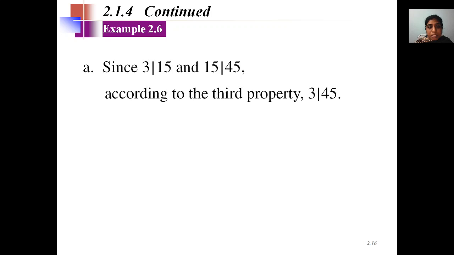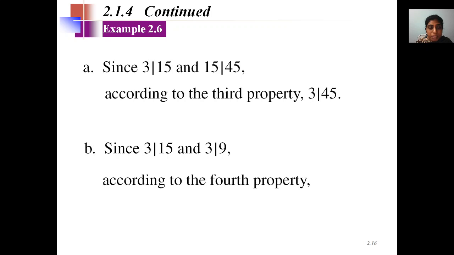So here an example is given. According to the third property, if 15 is divisible by 3 and 45 is divisible by 15, then automatically 45 is divisible by 3. Then here it is given that 15 is divisible by 3 and 9 is divisible by 3.